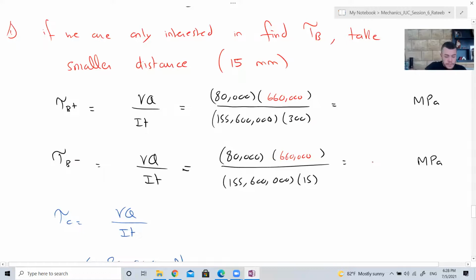So 80 times 660 times 10 to the power 6 divided by 1,556,000,000 times 300. This is going to be 1.13. And the second one would be 22.62.